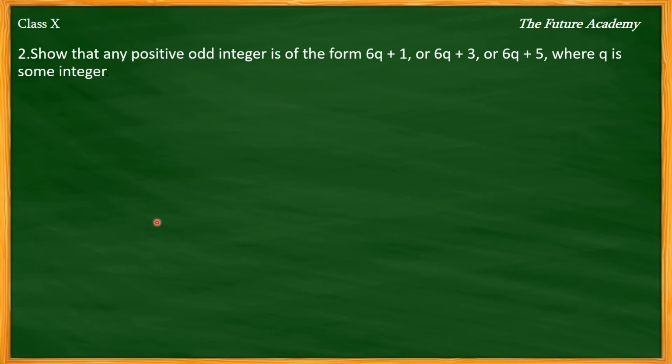The second question is, show that any positive odd number is of the form 6q plus 1 or 6q plus 3 or 6q plus 5, where q is some integer.